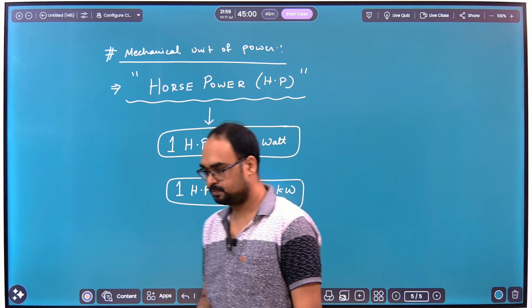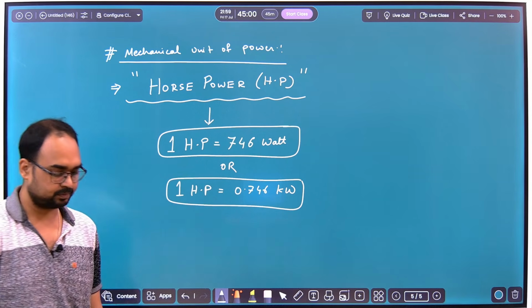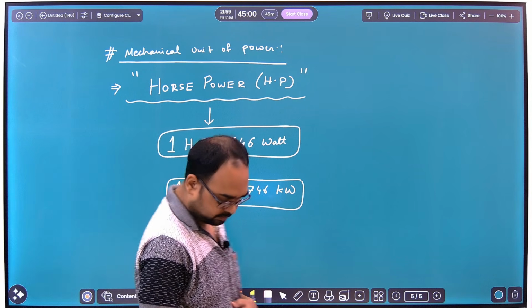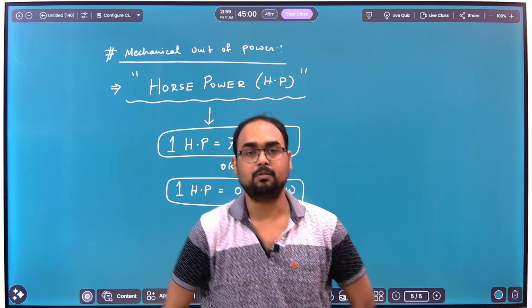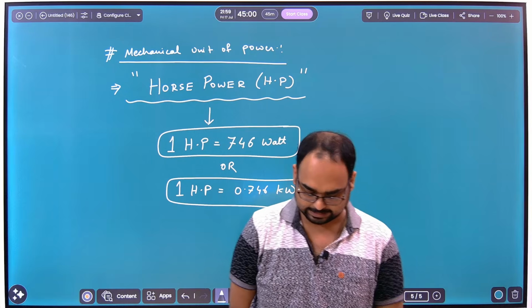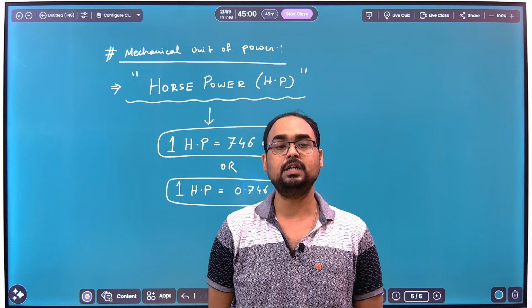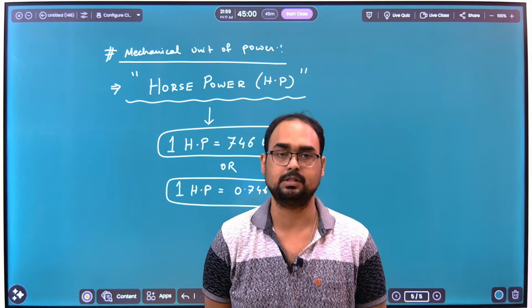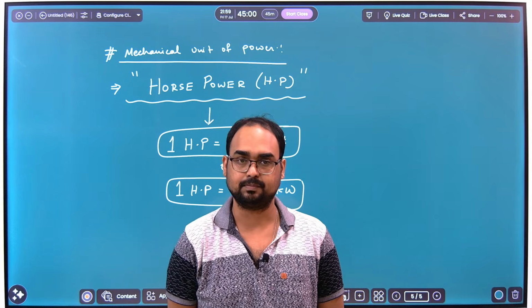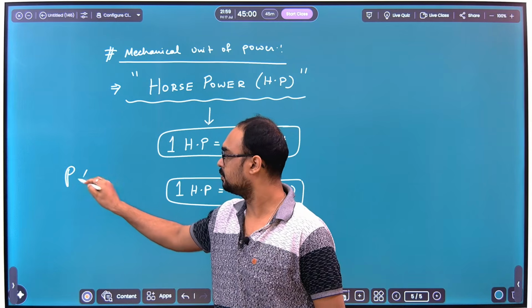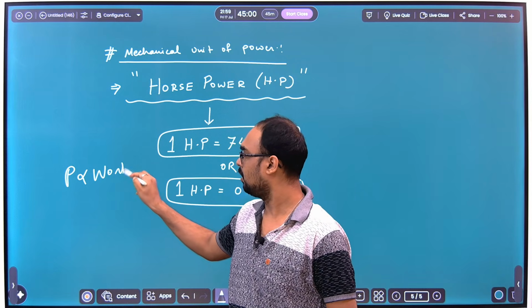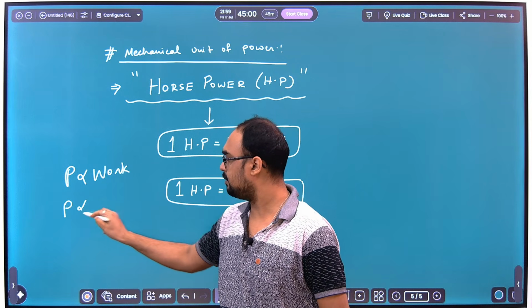And now, going to the concepts of power, we can say that power depends on two parameters, that is work done and time. Power is directly proportional to work done, and power is inversely proportional to time.